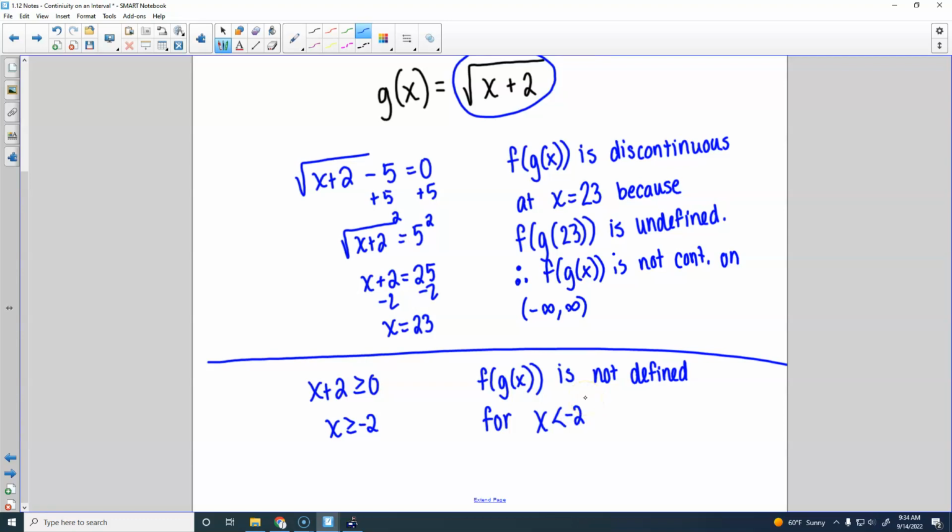So whenever x is less than negative 2, we get negatives under the square root. So f of g of x is not continuous on negative infinity to infinity.